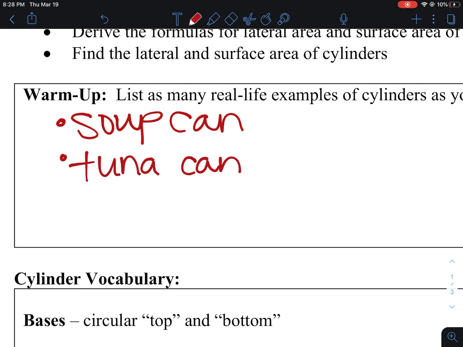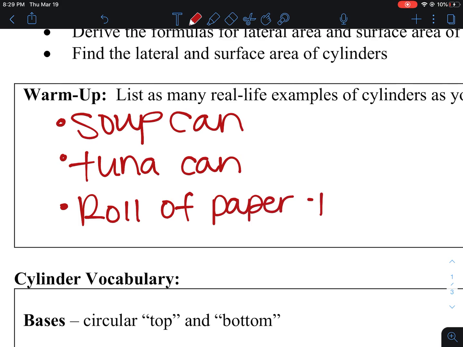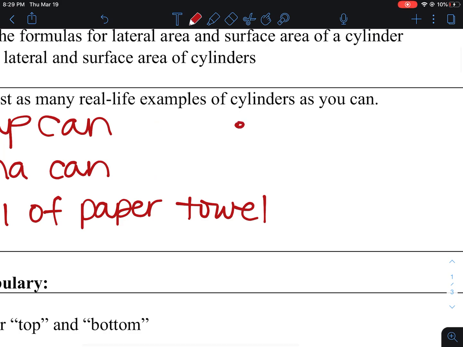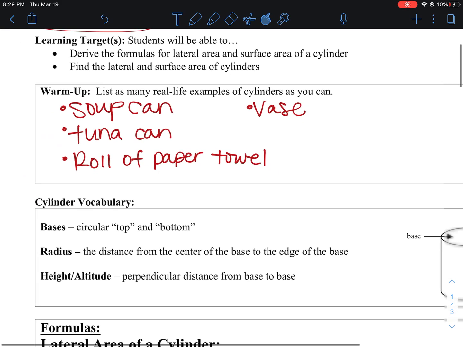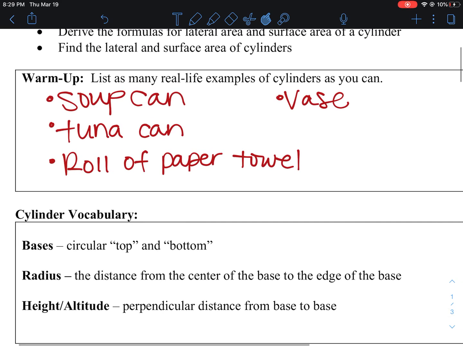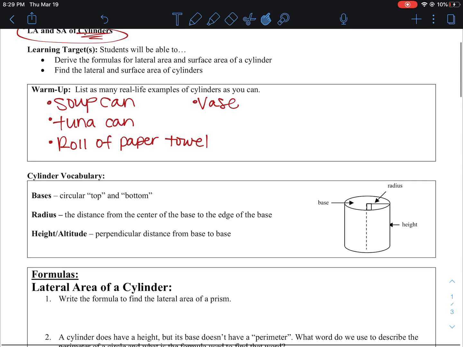That's kind of a different type of cylinder, but they're both cylinders. How about a roll of paper towel? Or like a vase. Okay, I'm just looking around my apartment, but you get the idea. Anything that's shaped like what we just listed would be considered a cylinder, okay?